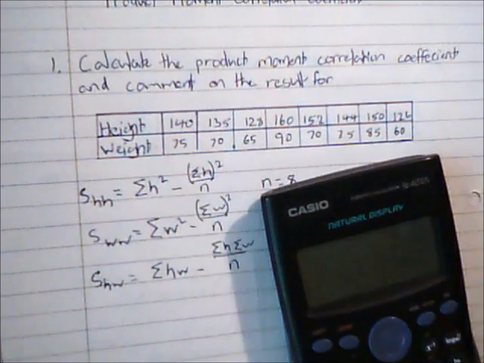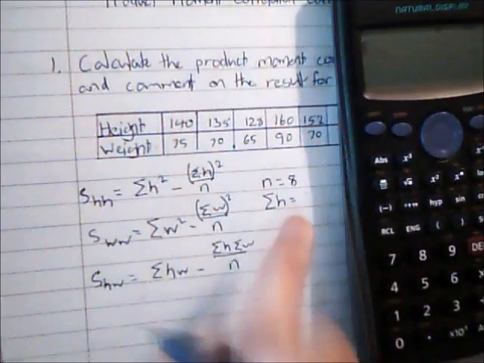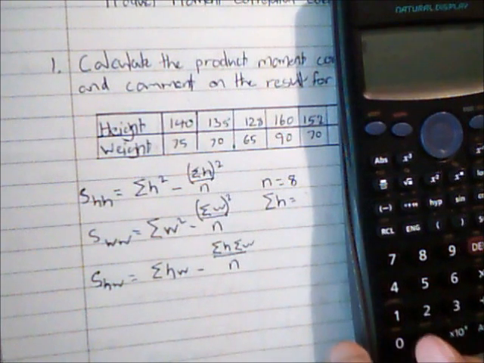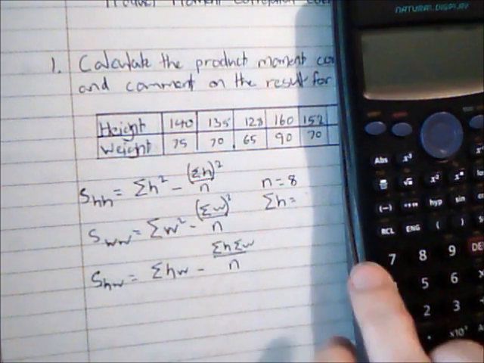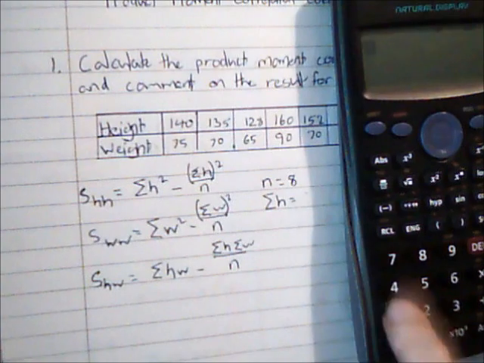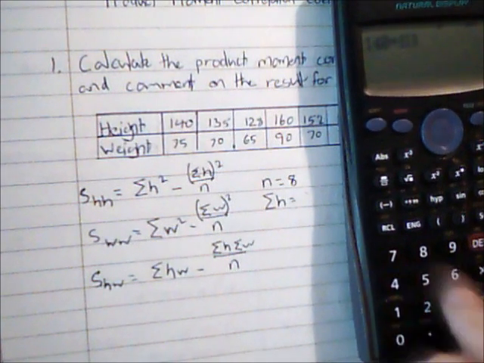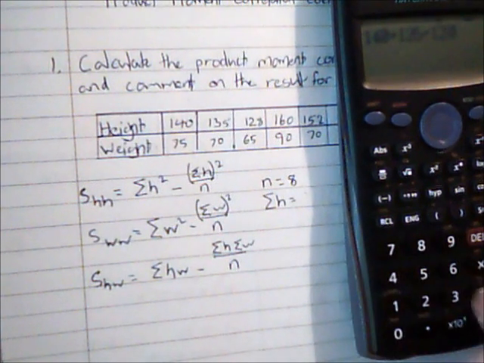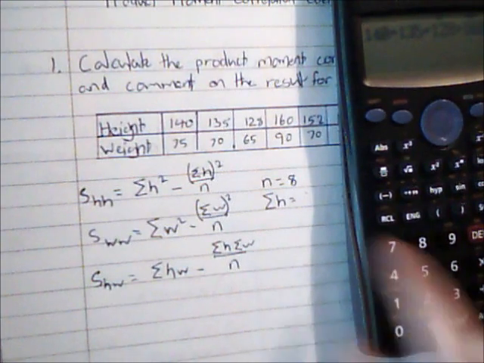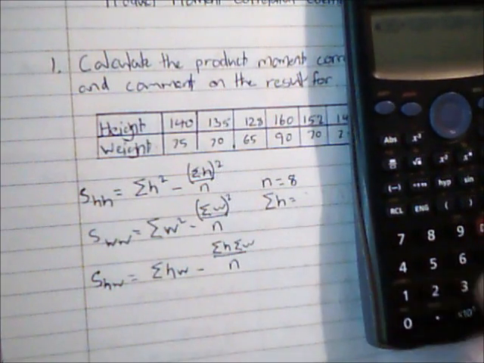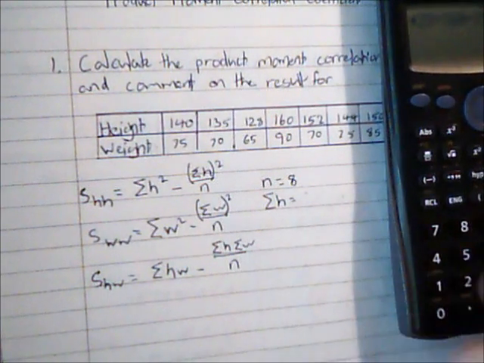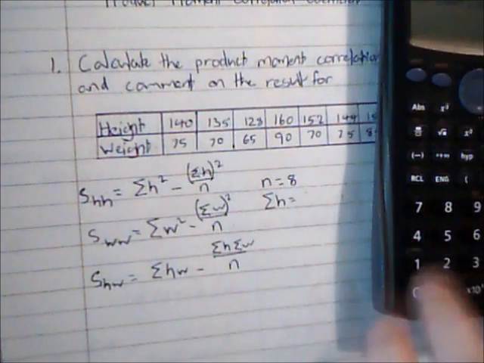Now if you have a calculator you're able to tabulate this and it will give you the value straight away, but I'm just going to do this longhand today in case you don't have a calculator to deal with it. A graphical calculator is particularly handy as it will do the whole thing for you in one go in a nice easy to see way.